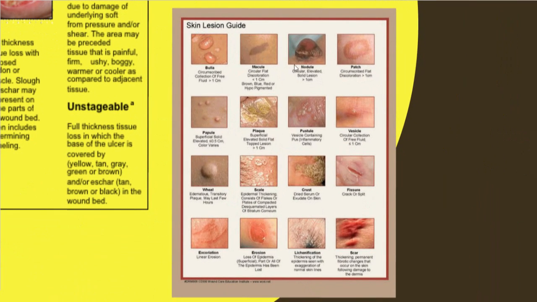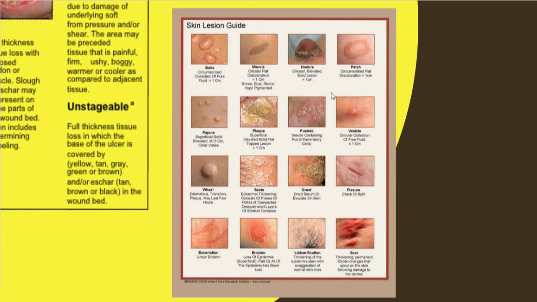This is some of the skin lesions. These are in your book, so make sure to review them, what they are. It's best in our documentation and when we're talking to somebody, instead of saying "that bump," to know, when we're documenting, we want somebody to know what it was that we were looking at, okay? Was it erosion?